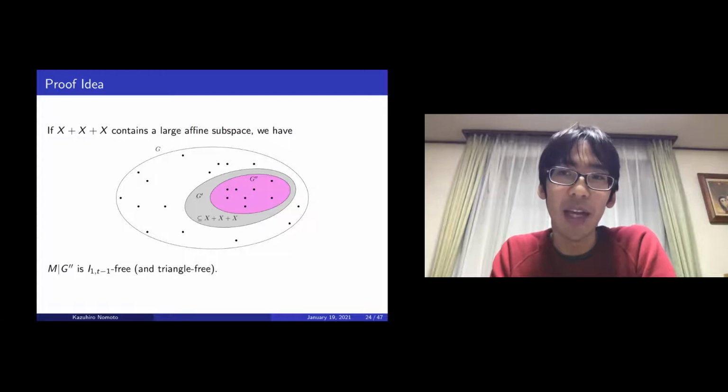So that's the gain, and also triangle free. Now, why is it the case? If you had an induced I1 T minus 1, then I can make it a little larger by using this gray region and get an induced I1 T restriction, which is a contradiction. So you can induct on T. So that's the strategy.